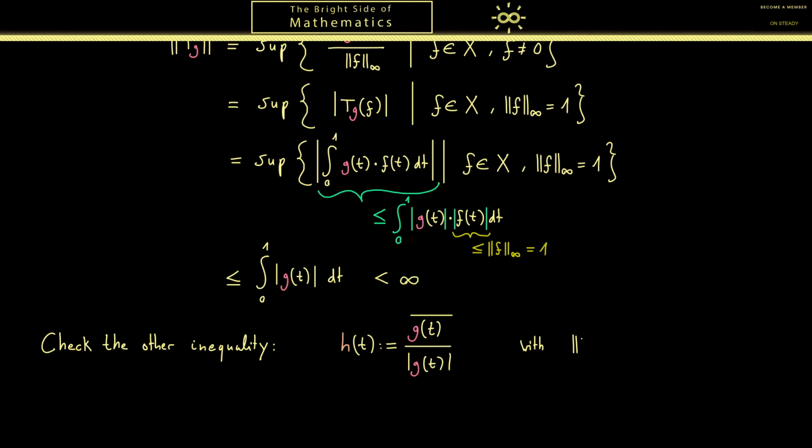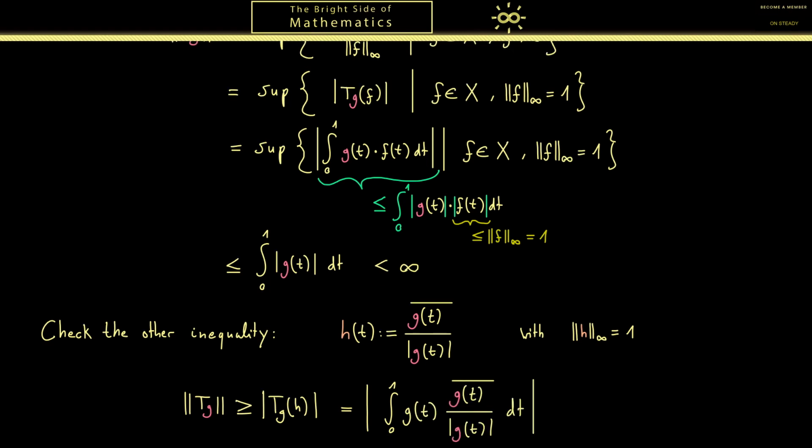Now it's easy to see the supremum norm of h is exactly 1. Now putting this function into T_g and looking at the absolute value, then we know this has to be less or equal than the operator norm itself. On the other hand, we know this is the absolute value of the integral where we have the function g times h. And now you see why we added the complex conjugation before, because now we have the absolute value squared in the numerator.